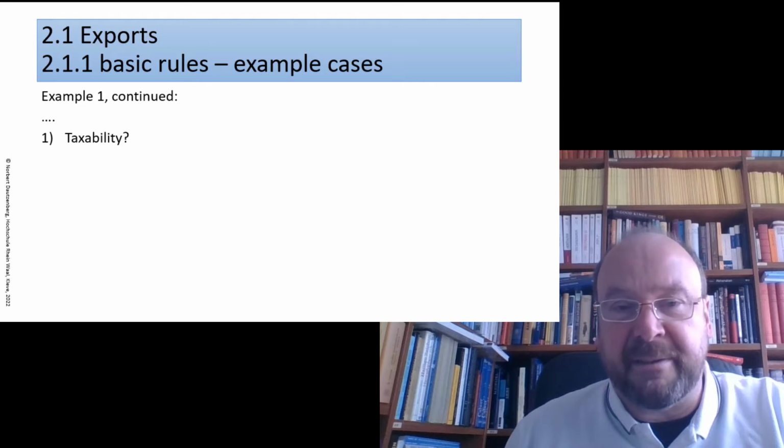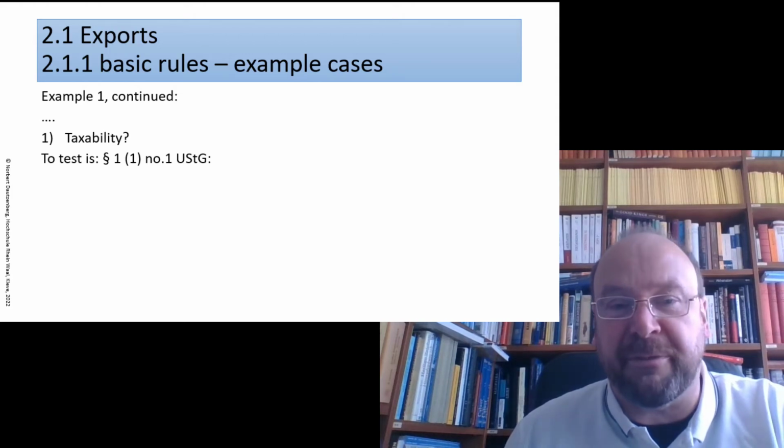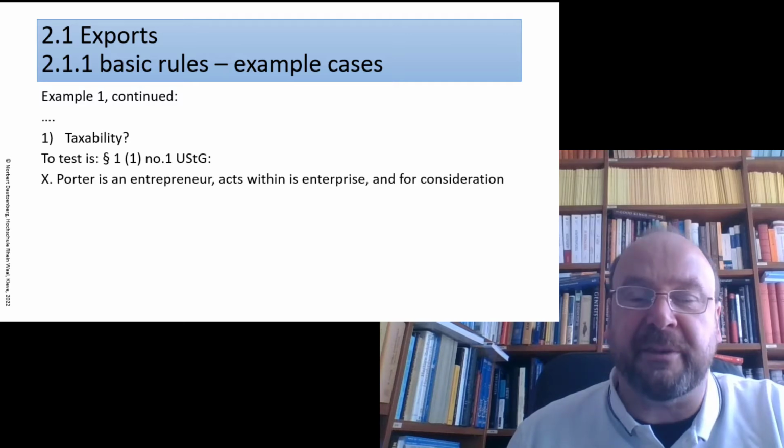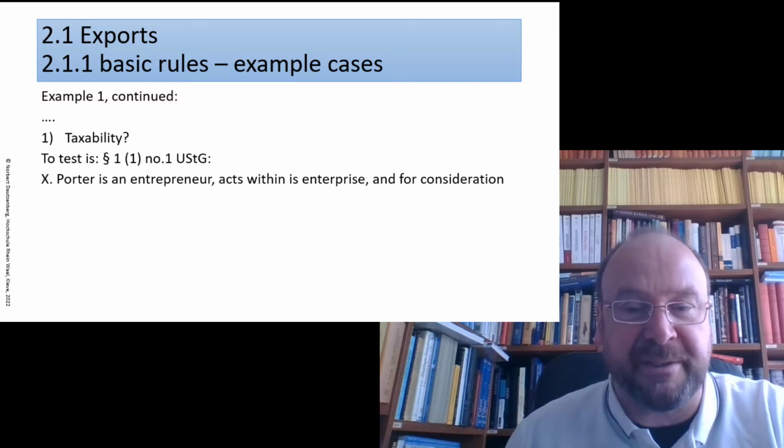So let's test the sale of a production machine. Is it a taxable transaction? We have to test 1.1 number 1 because 1.1 number 5 does not apply, is not possible, and we did not even know this before. So exporter is an entrepreneur, acts within his enterprise and for consideration because he demands a price.